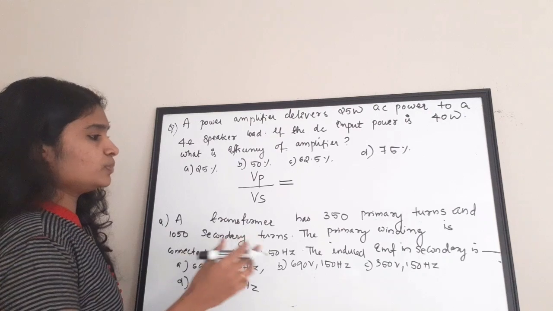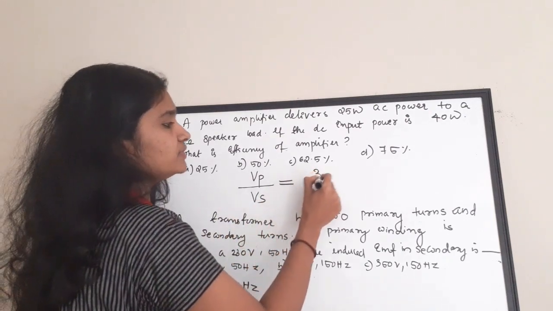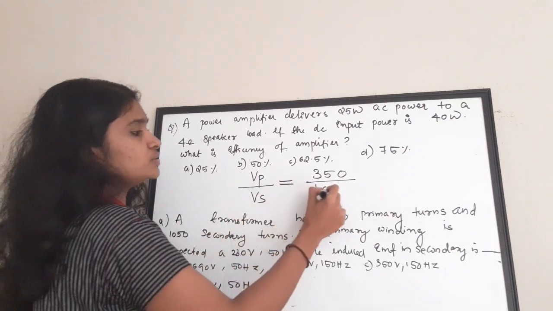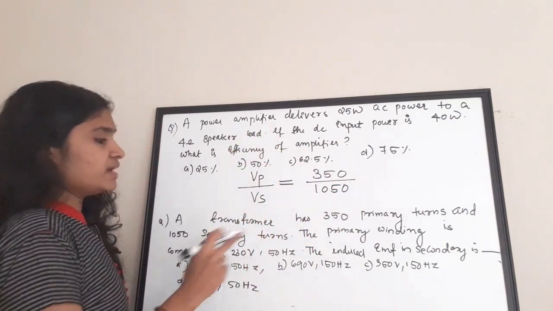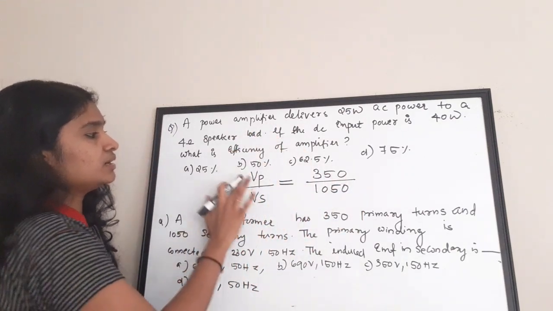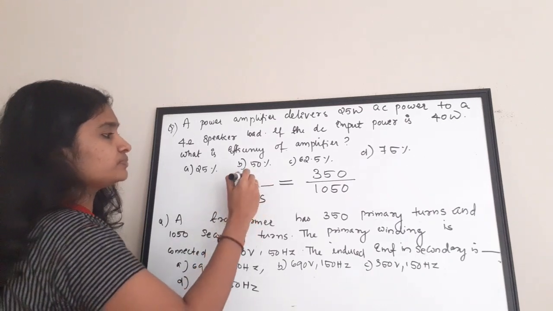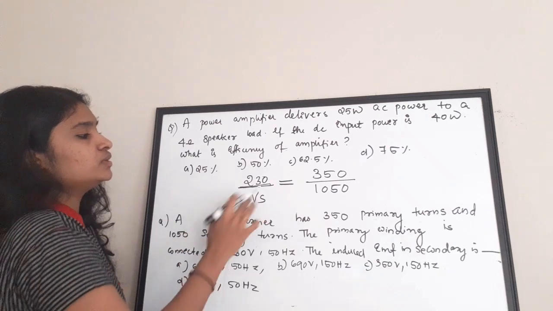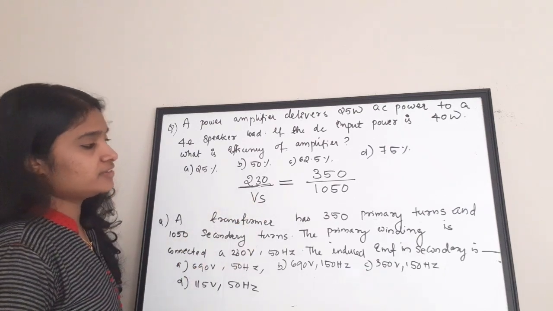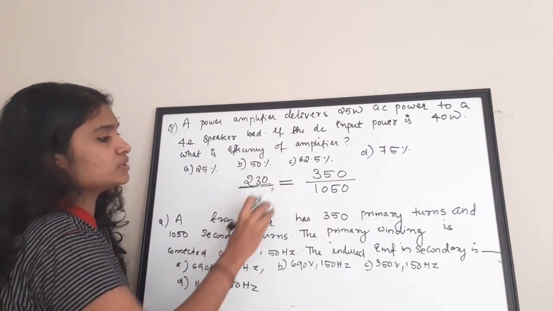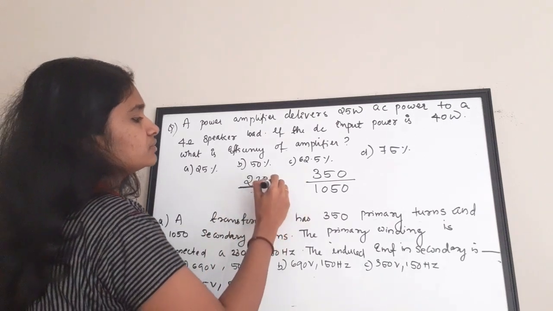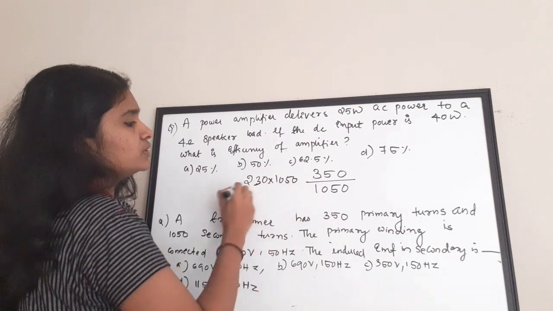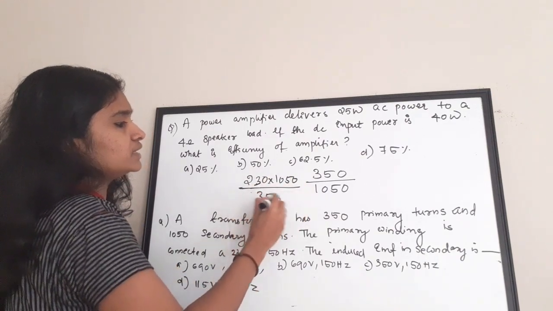What is the value of your primary coil numbers or turns is 350. Then the secondary is 1050. The value of your primary voltage applied is 230 volt. Okay, so in order to find this, cross multiply and find the value of Vs. So Vs will be equal to 230 into 1050 by 350.